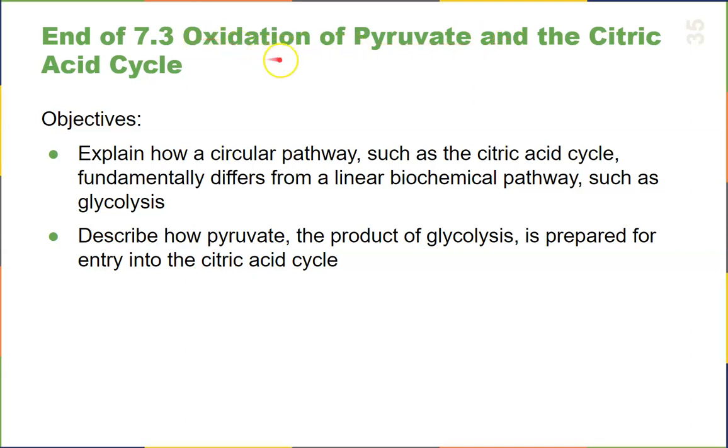So the oxidation of pyruvate, the major goal is to get acetyl-CoA, so that acetyl-CoA can enter the next step. The major goal of the citric acid cycle, the Krebs cycle, is to make those electron carriers. Okay.